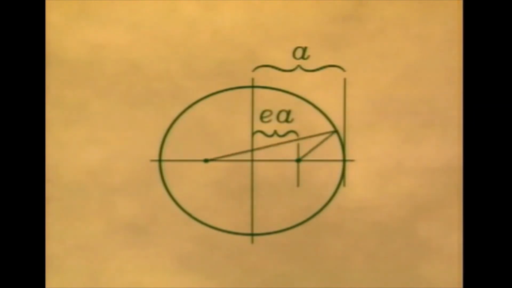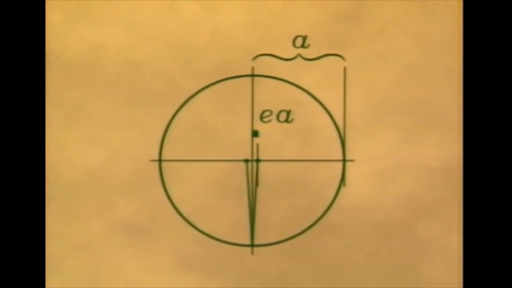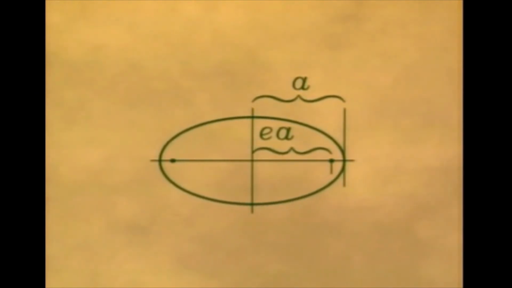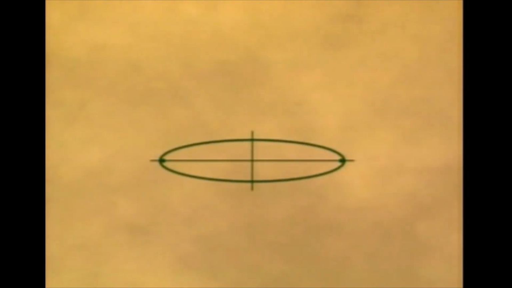The symbol E represents the amount of eccentricity. As in the social context of the word, eccentricity means somewhat off-center. So when E shrinks to 0, when there's no eccentricity, the result is a perfectly rounded figure, an ellipse called a circle. But when E increases, the ellipse becomes increasingly eccentric and increasingly flat.